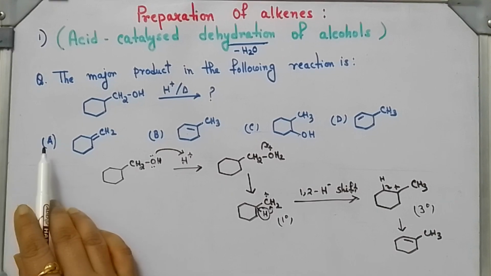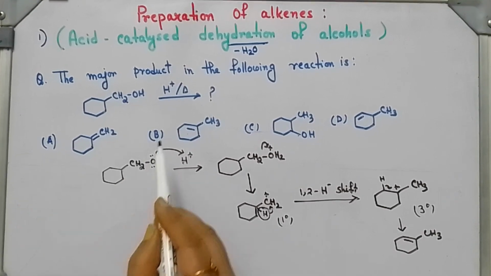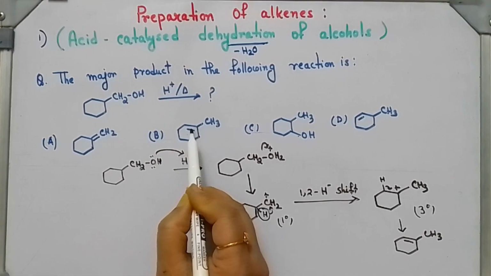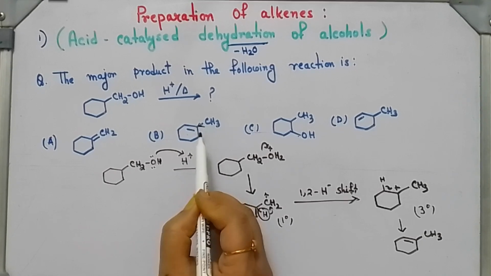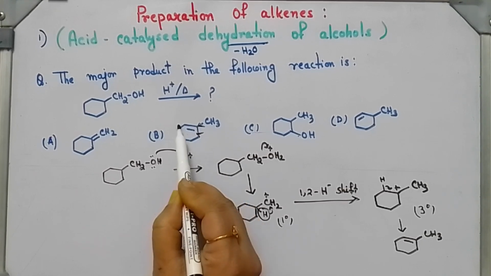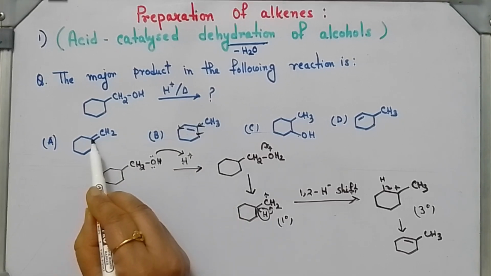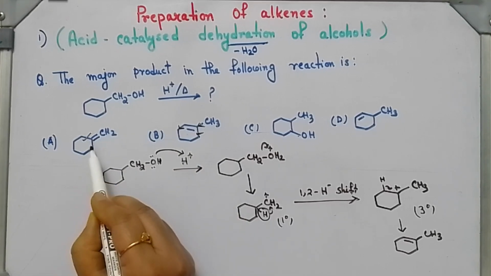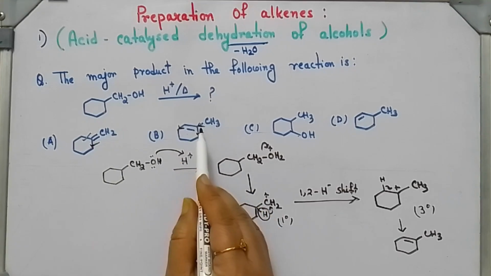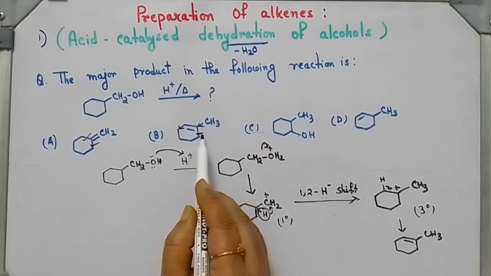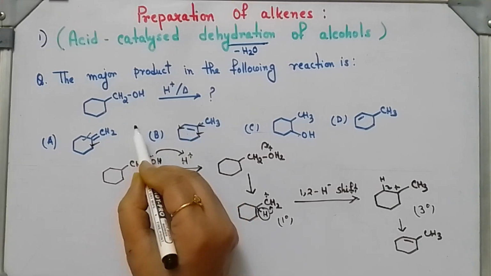So your product is either this one or this one. Now see here, with this double bonded carbon, this carbon is attached, this carbon is attached, this carbon is attached. So it is a tri-substituted alkene. With this double bonded carbon, this carbon and this carbon are attached. This is di-substituted. So which one will be the major product? The more substituted alkene is the major product. So this is your answer.